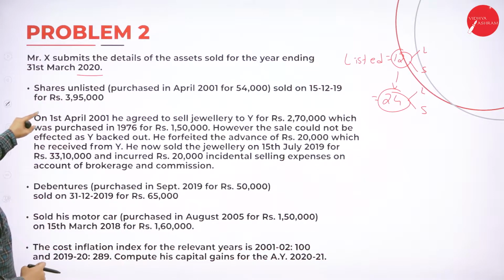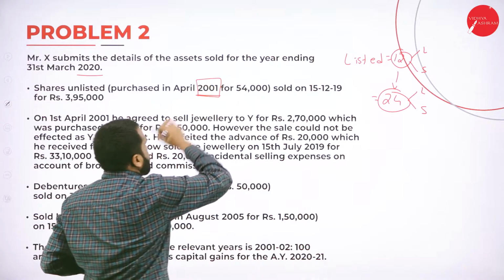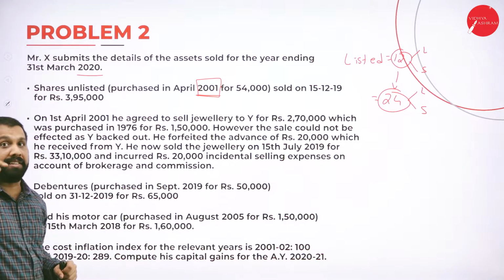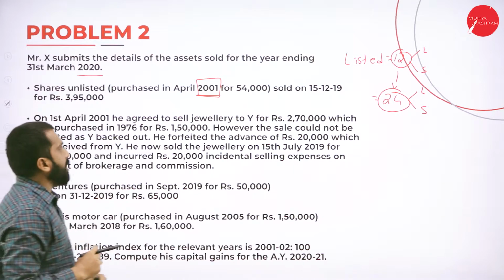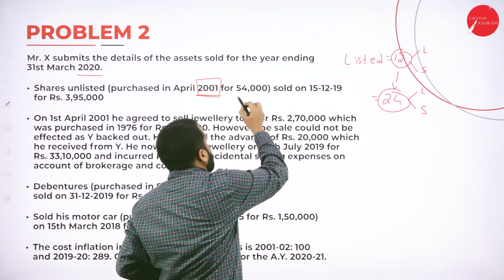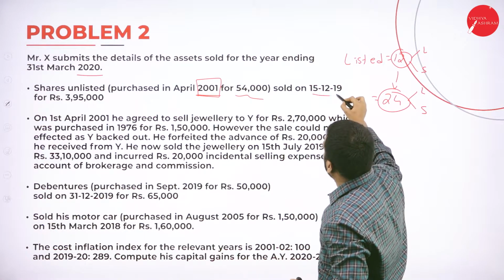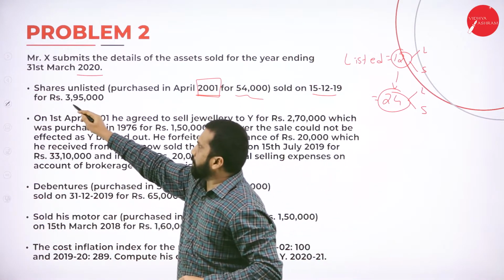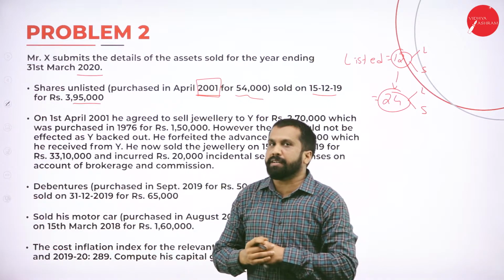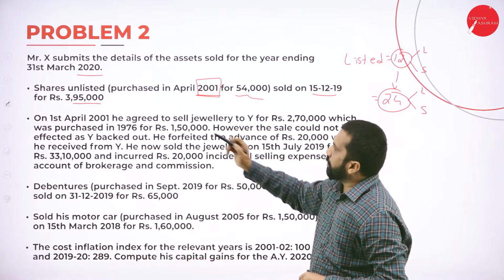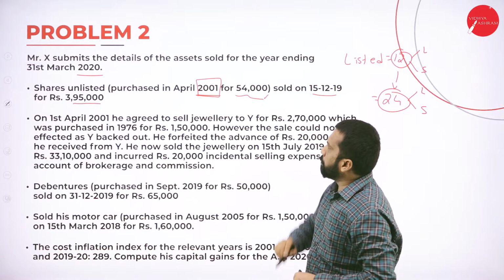Now, unlisted shares purchased in 2001. For 2001, remember, the indexation number is always 100. The purchase value is 54,000, and it was sold in 2019 for 3,95,000. This is your selling price, and this is your buying price.